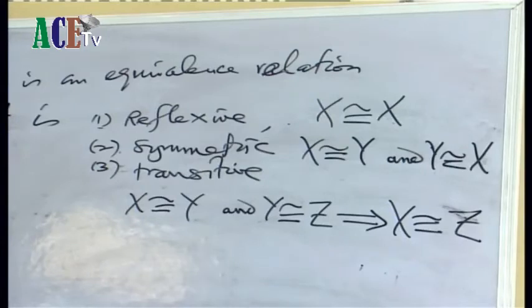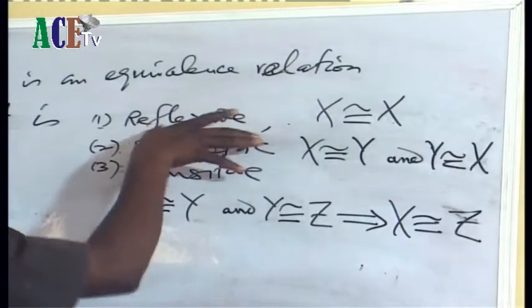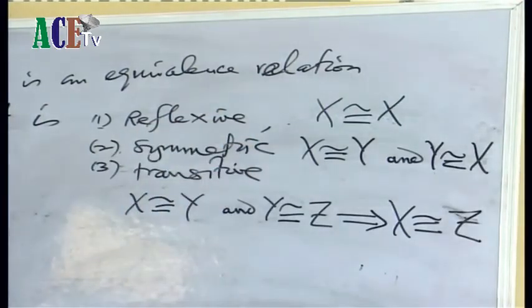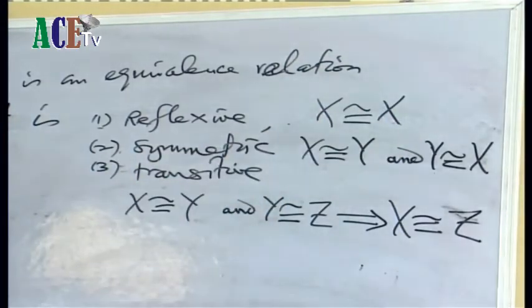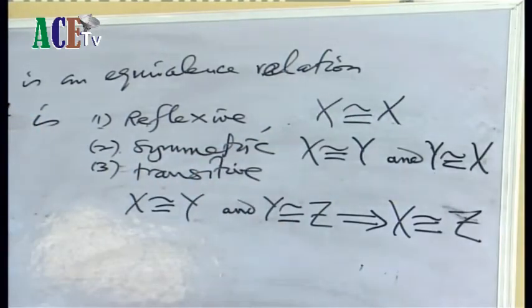Now, it is not difficult to prove reflexivity and symmetry. The reason being that you can actually map two sets, or two topological spaces that are similar, to each other.